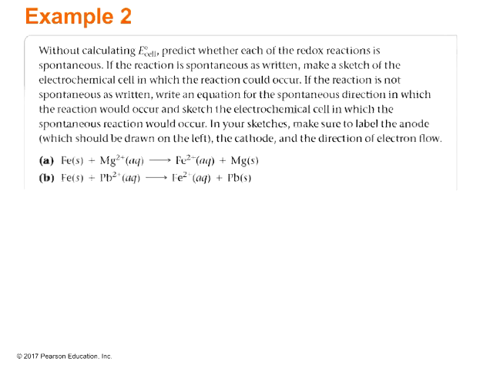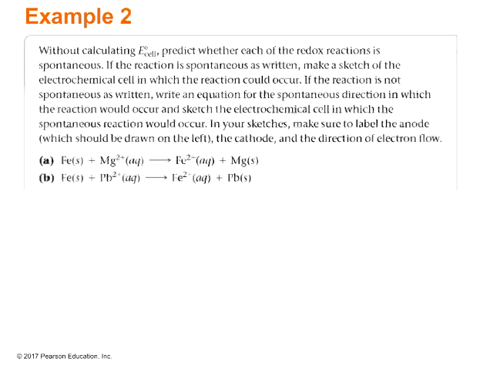Let's do another example. In this example, we're not actually going to calculate the cell potential, but we're going to predict whether each of the redox reactions is spontaneous. If the reaction is spontaneous, as written, we're going to sketch out the electrochemical cell.